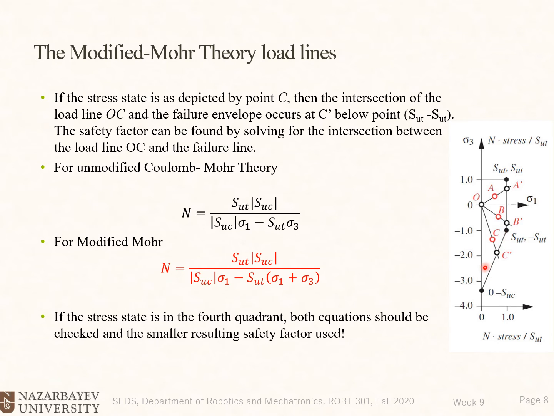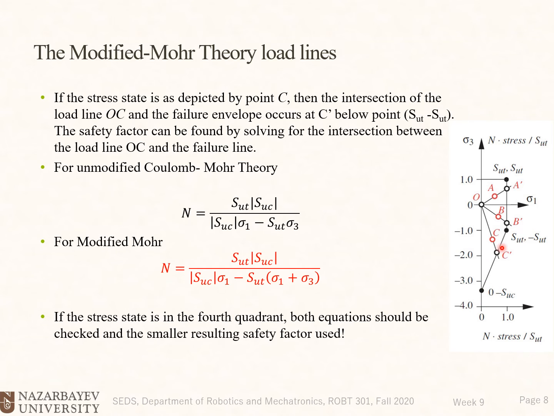So we are below this corner point. The safety factor can be found by solving for the intersection between the load line OC and the failure line. So we need to find the intersection of the OC line and the failure line.